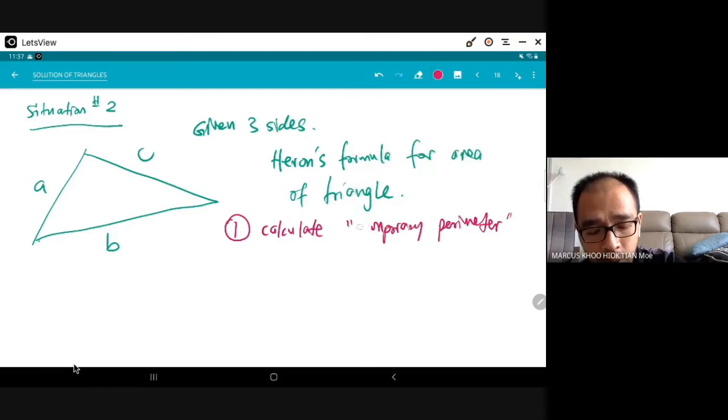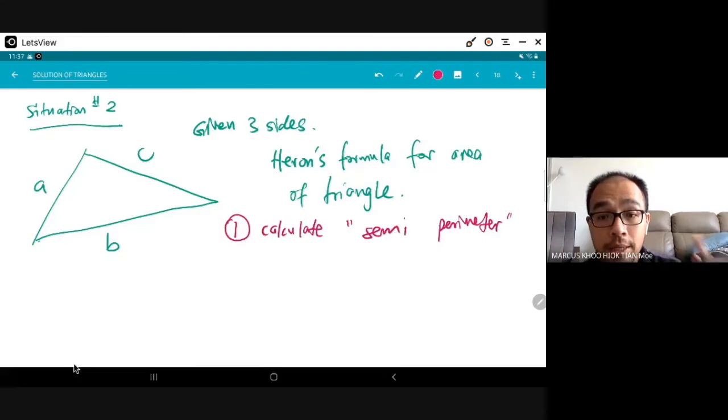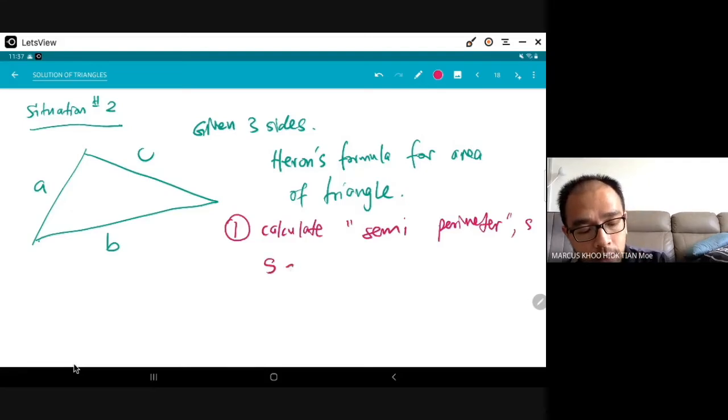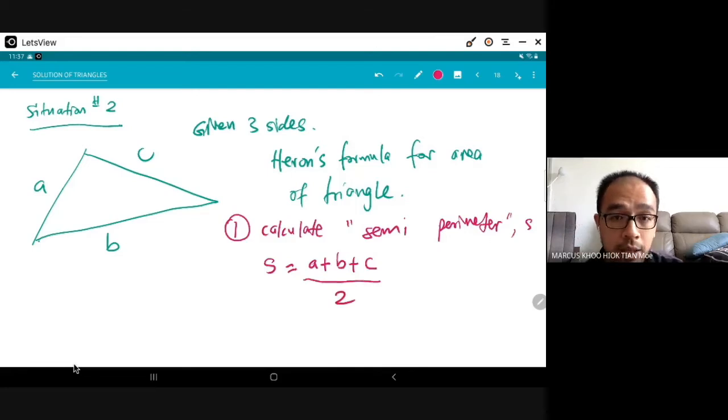In our textbook, it's called a semi-perimeter. I'm going to call the semi-perimeter the letter S. So S equals A plus B plus C divided by 2. So the 3 sides, you add together, and then you divide it by 2.